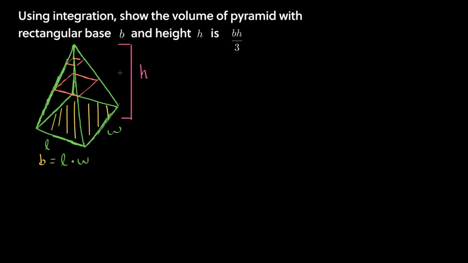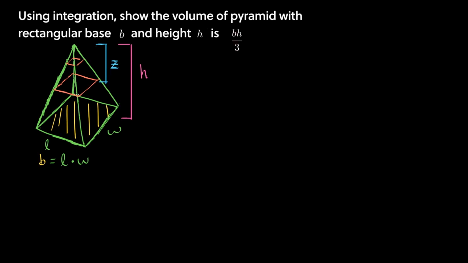Well, the main thing you need to recognize is that we need to introduce a new variable. This variable is going to describe this height here from our vertex down to wherever our slice is. Let's call it Z.